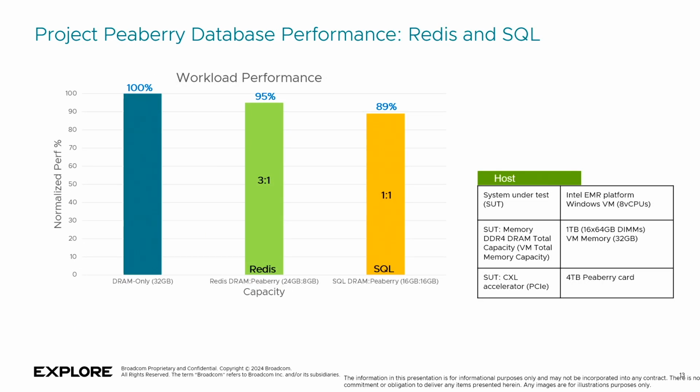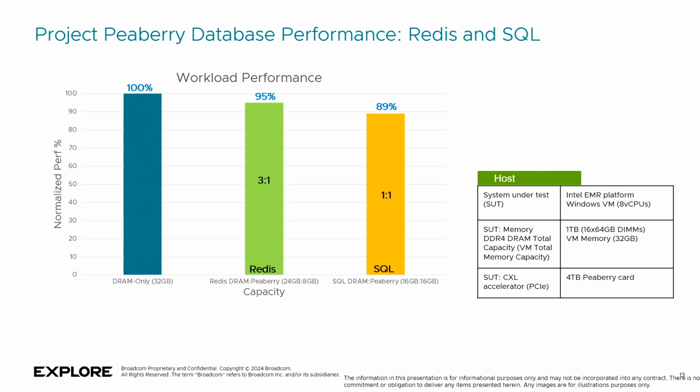Another important thing I want to share is we have been continuously working on benchmarking a variety of different workloads, and database is key for our customers. I think more than 90% of customers use databases, right? On the leftmost, you see 100% DRAM-only performance. Basically, everything else is normalized to this performance.